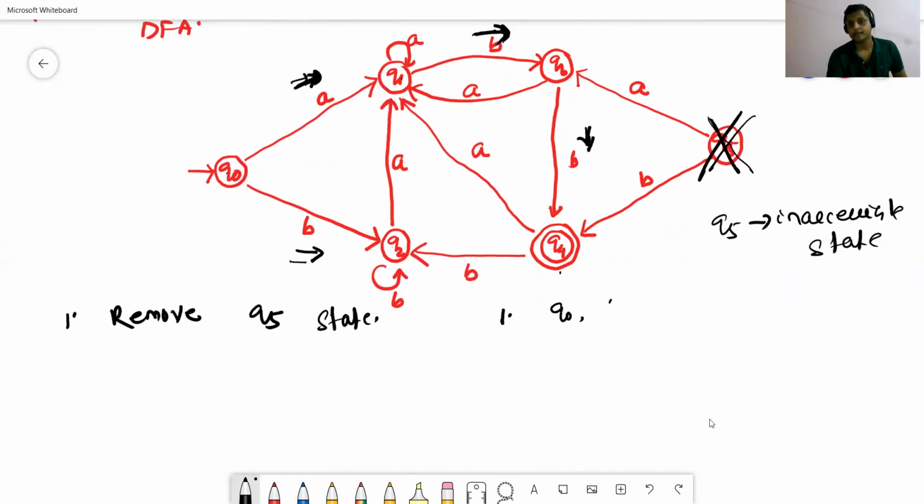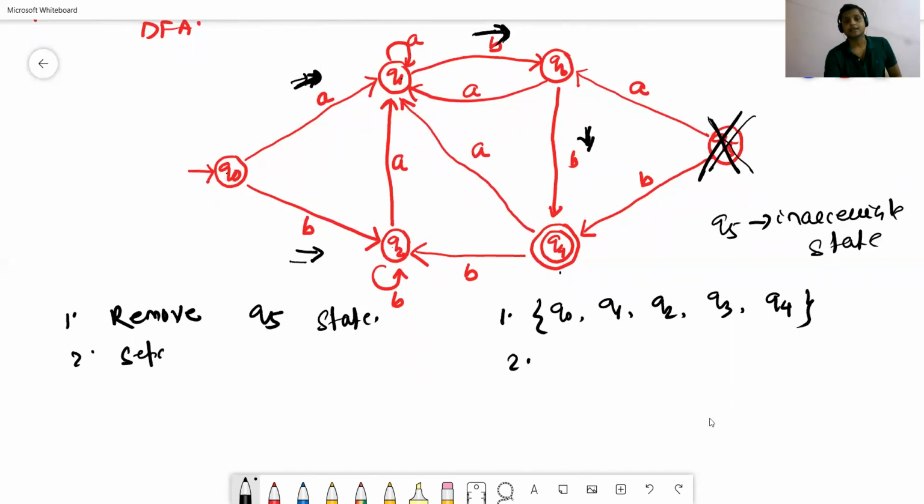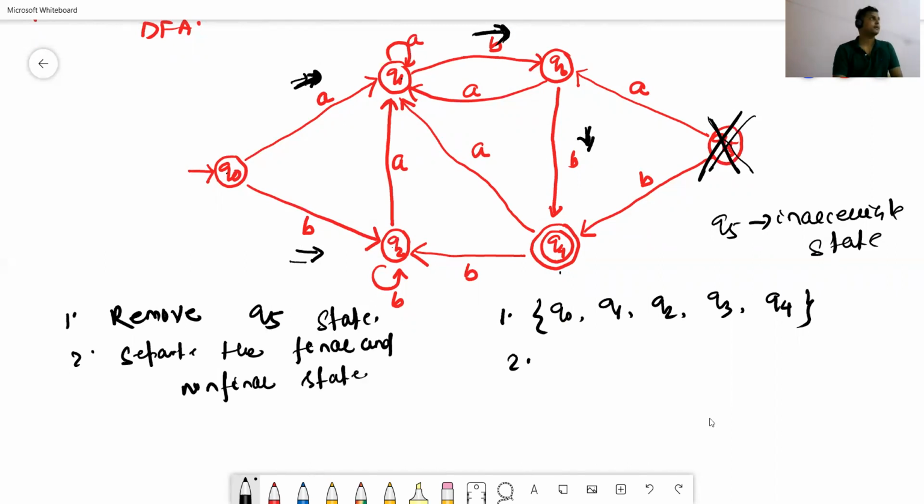What is the second step? The second step is to separate the final and non-final states.